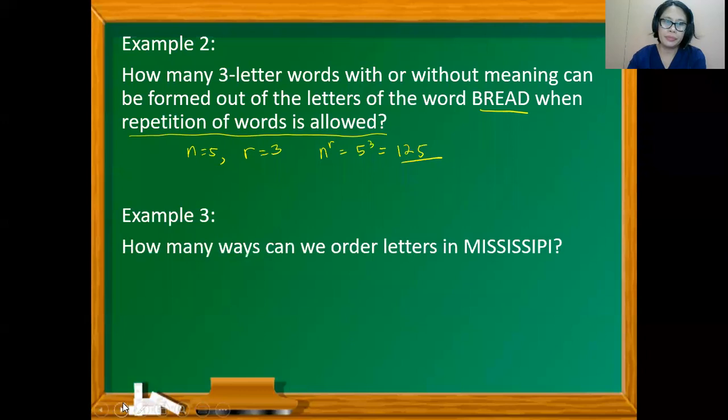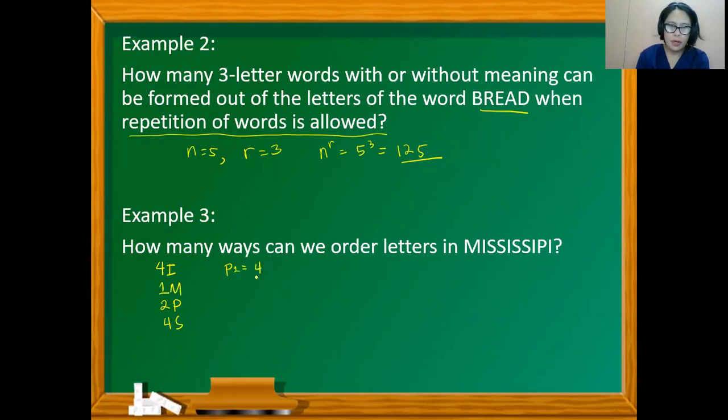Number 3: how many ways can we order the letters in Mississippi? So in the problem, take note that we have 4 I's, and then we have 1 M, we have 2 P's, and we have 4 S's. Now, our P sub 1 here equals 4, P sub 2 is 2, and P sub 3 equals 4.